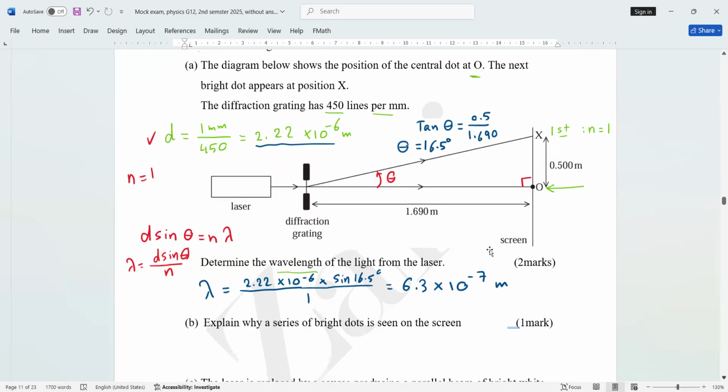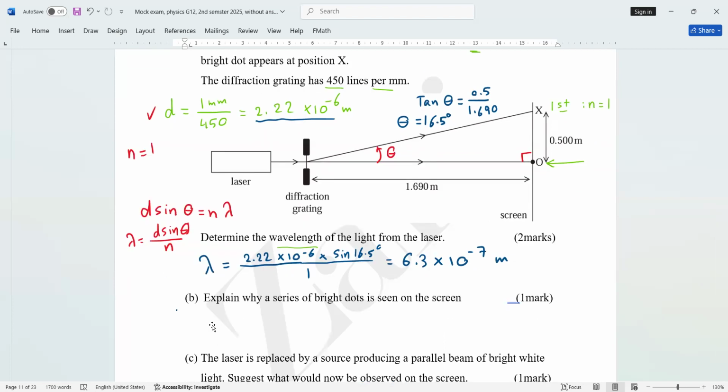So the answer is: waves from different slits meet and superpose.